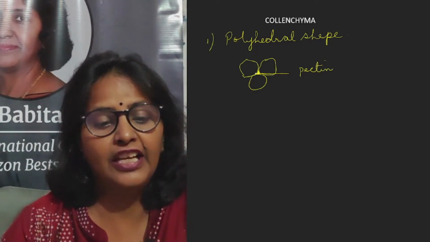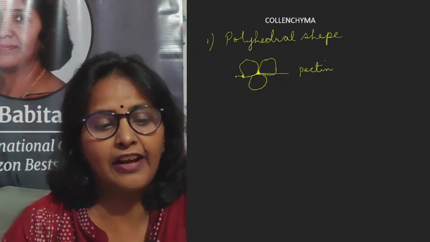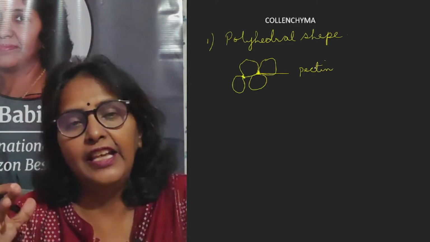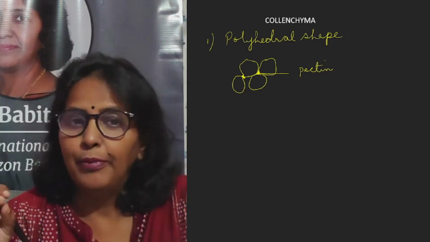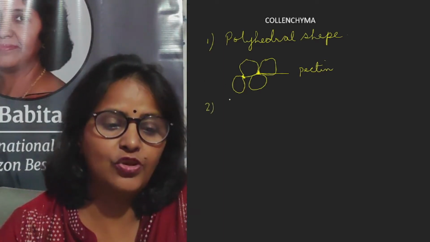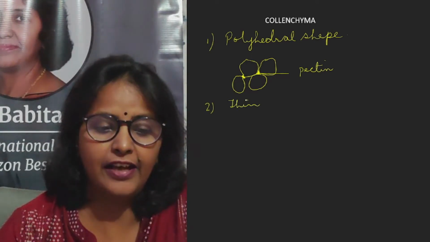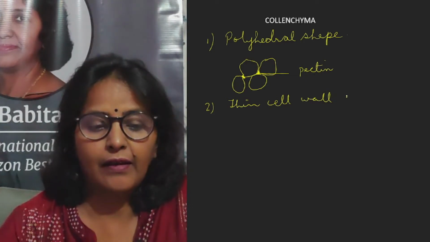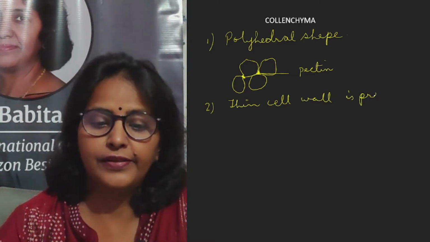They have thickened corners. Wherever we will have this, they will have deposition of pectin at the places, and it is known as they have thin cell wall, but it is thickened at the corners. So uniform cell wall is not present, thin cell wall is there, which is thickened at the corners.